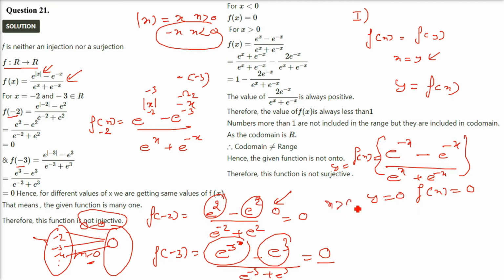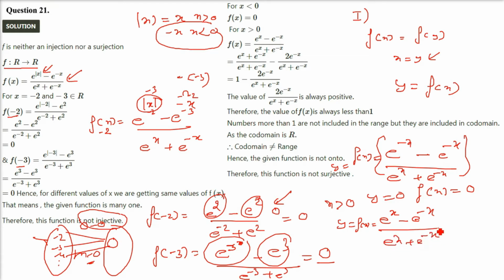What will happen with x greater than 0? Mod x will be positive x. So y is f(x) equals e raise x minus e raise minus x, by e raise x plus e raise minus x.